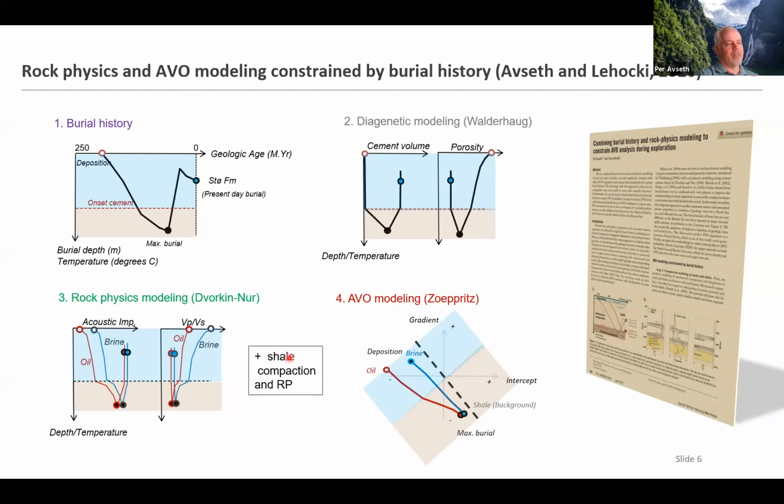But then having the shales and the sandstone together, we can actually model the AVO. And here's just a cross plot of intercept and gradient, with the dashed line being the shale background trend, and you see the brine and oil signature is expected to change as a function of burial here for a given case.